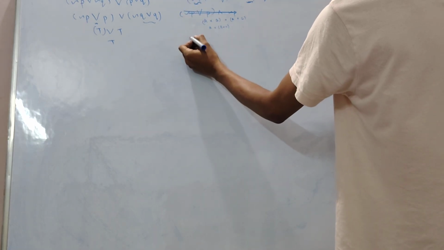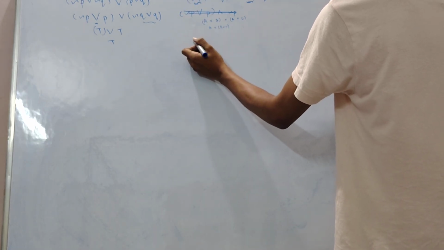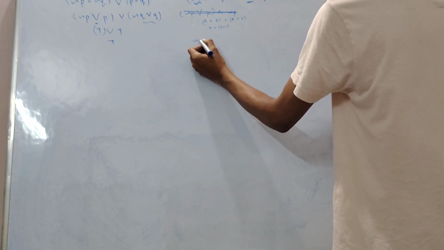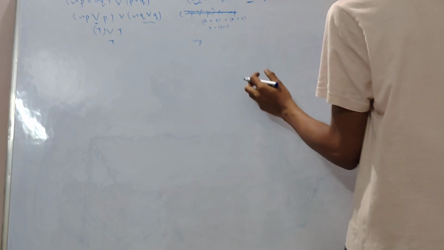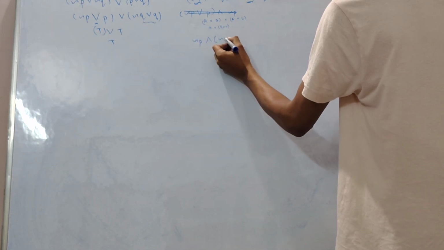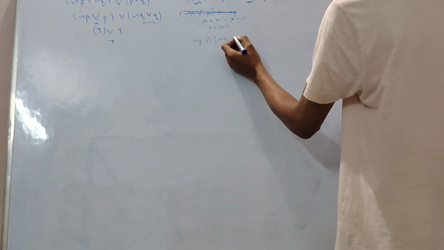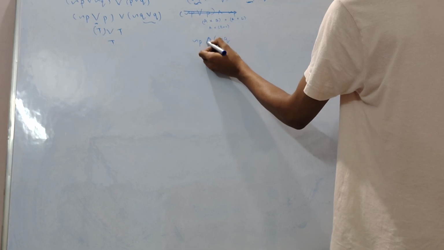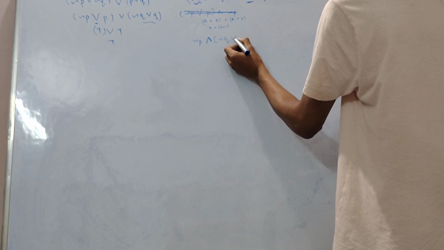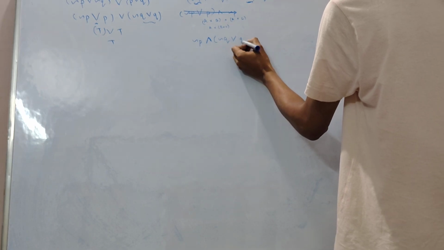So simply I can write here negation of P or negation of Q, negation of P and negation of Q or Q, right?